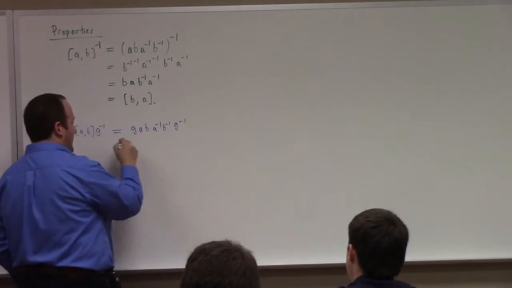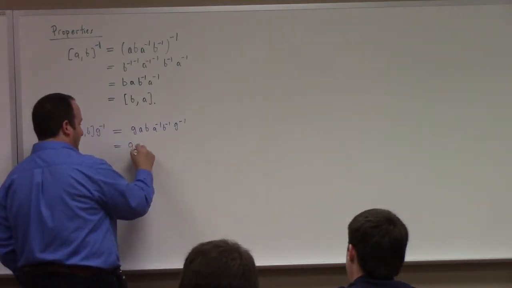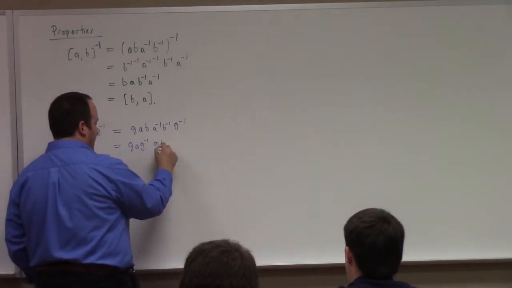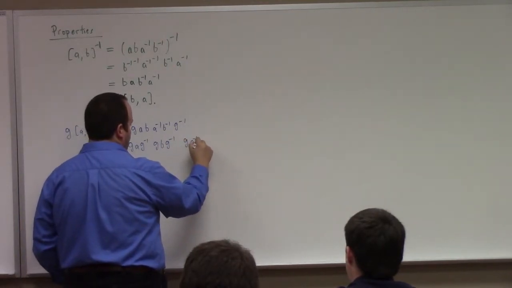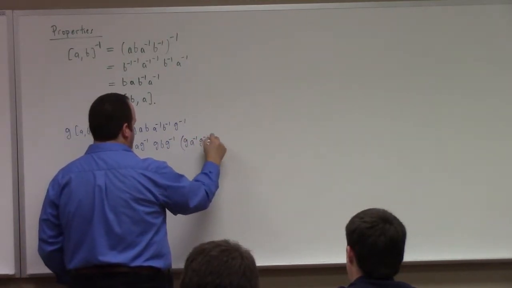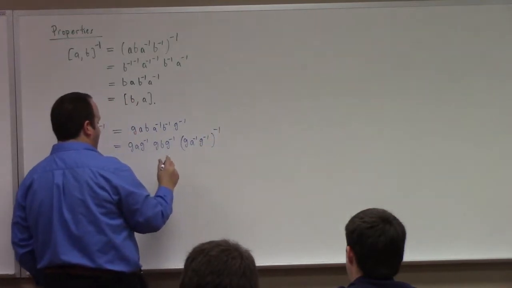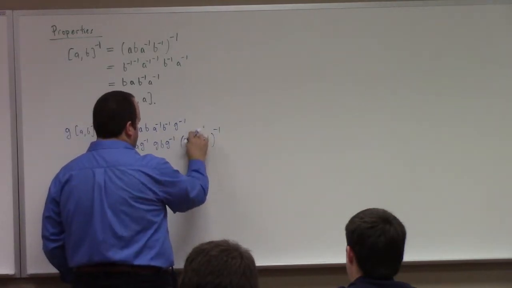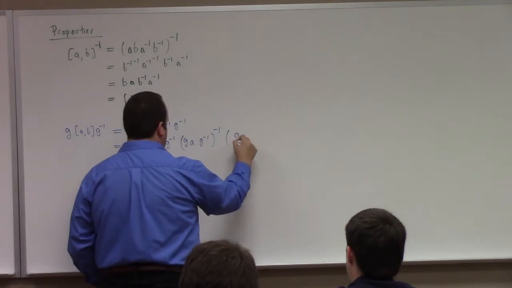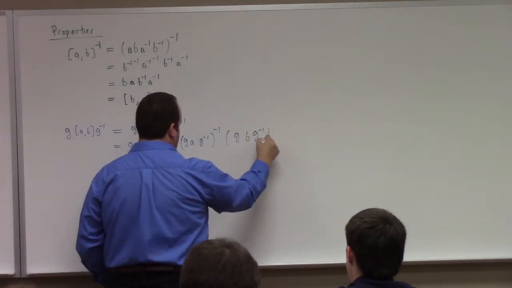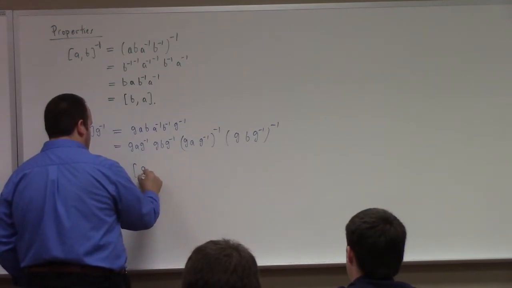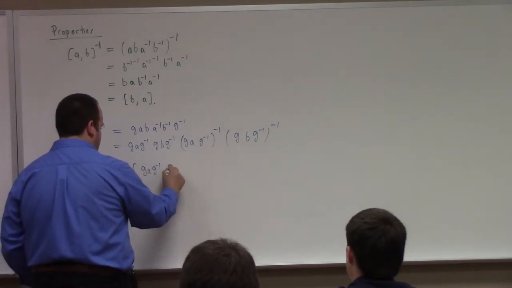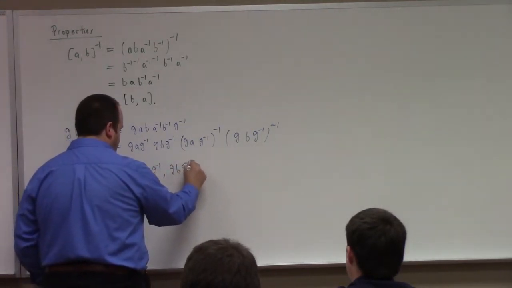And you just stick in copies of g a g inverse, g b g inverse, g a inverse g inverse, inverse, oops, I'm sorry, g a g inverse, and then g b g inverse, inverse, which is g a g inverse, g b g inverse.